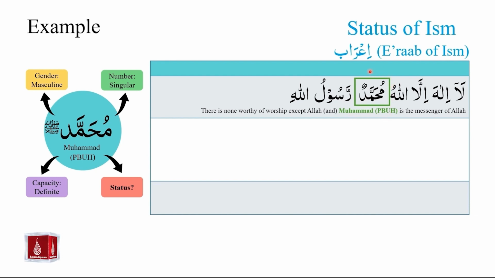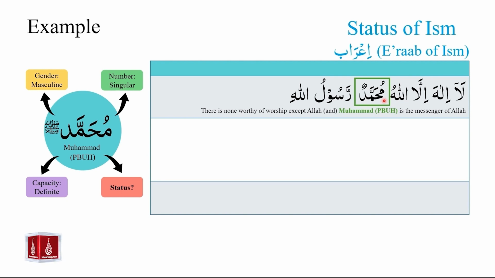If we compare Muhammadun to Ism Muhammad, we can tell that in Muhammadun there is a finishing touch at the end of the Ism, or there are changes that have occurred at the end of Ism Muhammad to make it Muhammadun. So in the case of Muhammadun, Ism Muhammad has a grammatical status and it has its i'rab.